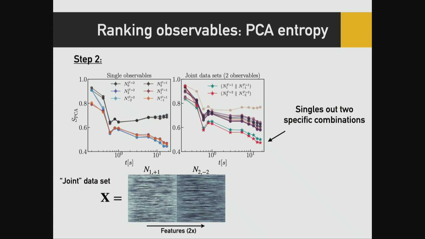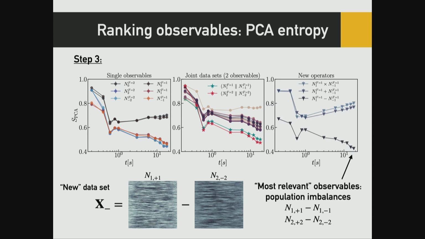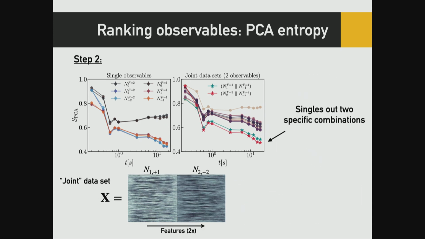Here I'm just showing you combinations with 2 observables. And what we found is that by doing this analysis, there are clearly 2 specific combinations that develop a smaller PCA entropy. And those combinations, which are indicated there, correspond to what was known based on physics arguments to be the relevant combinations.